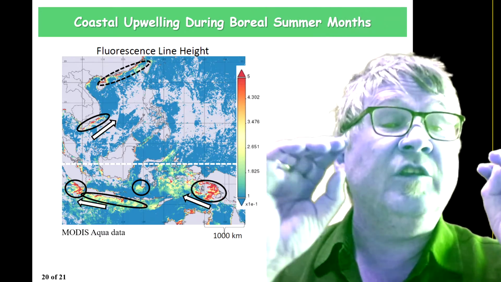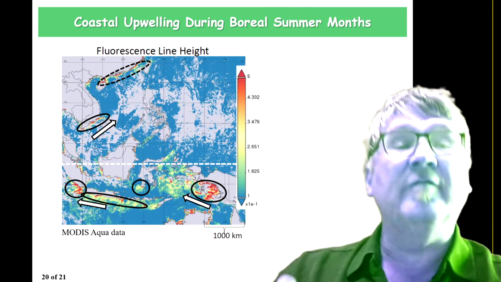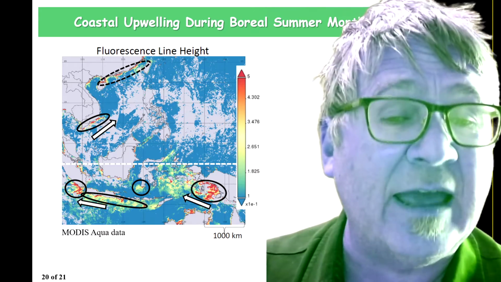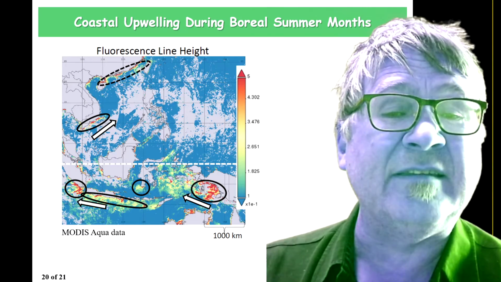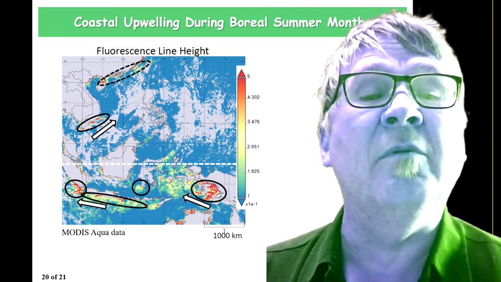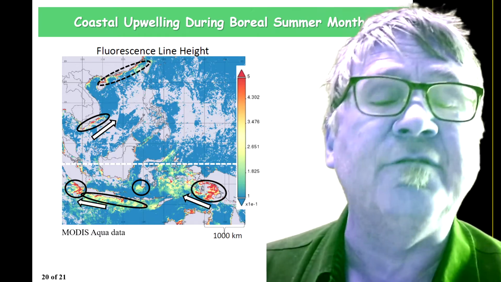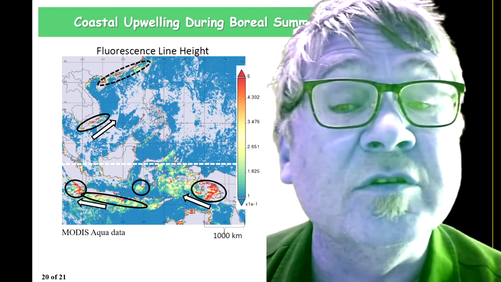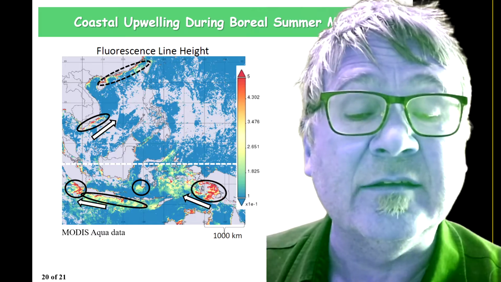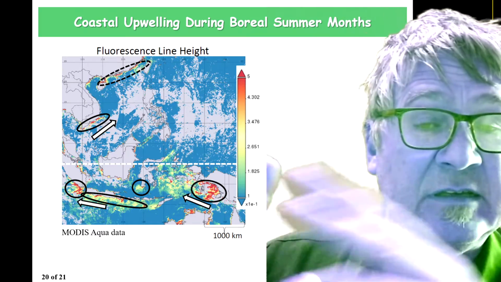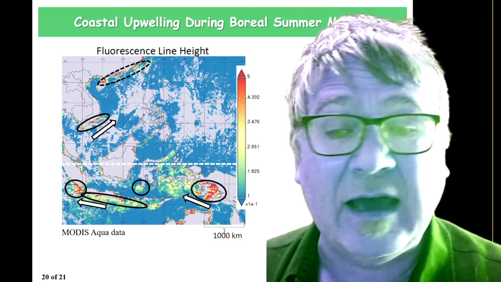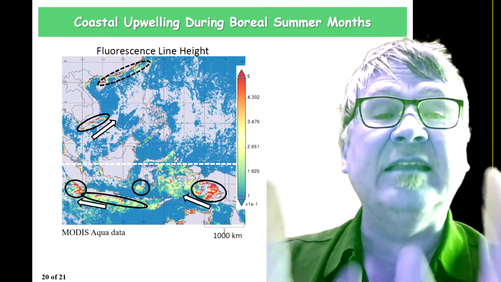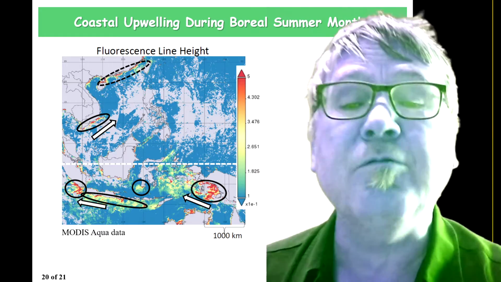And the unit that you get here, don't confuse this with the chlorophyll A unit, but it's also scaled here. It's divided by 10, so you actually get a maximum value of 0.5 of the units that you use for fluorescence line height. And I don't give you the units. It's a long type of collection. Anyway, so this is fluorescence line height, and you can identify the key upwelling systems.